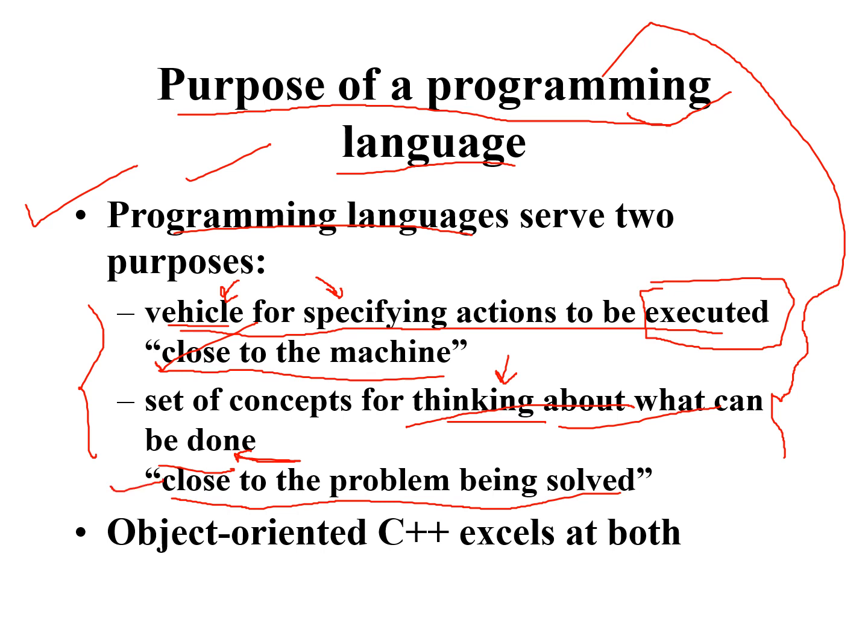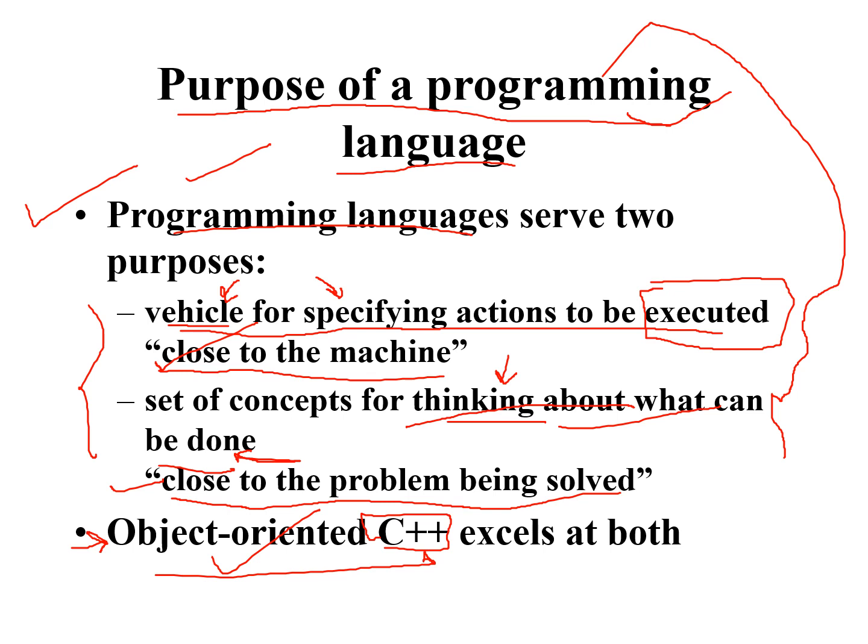So object-oriented C++. C++ is a language, and object-oriented C++ is nothing but a kind of code that we write in the C++ language.